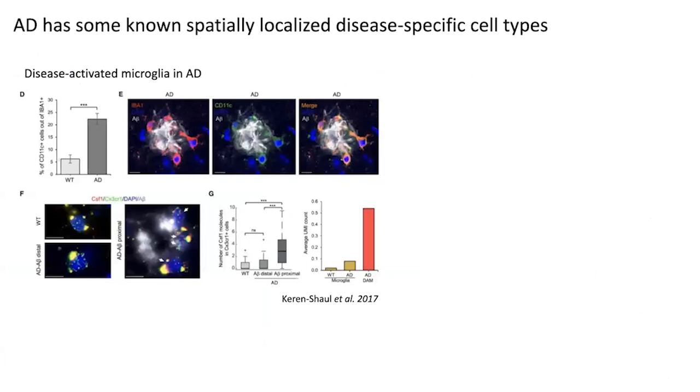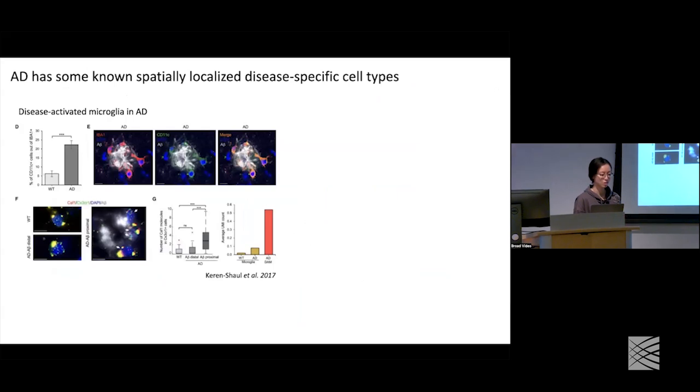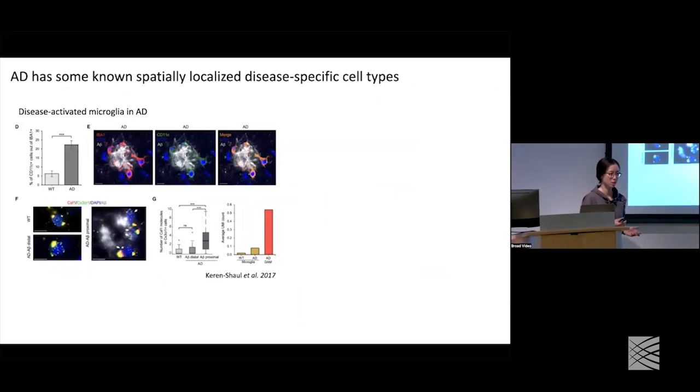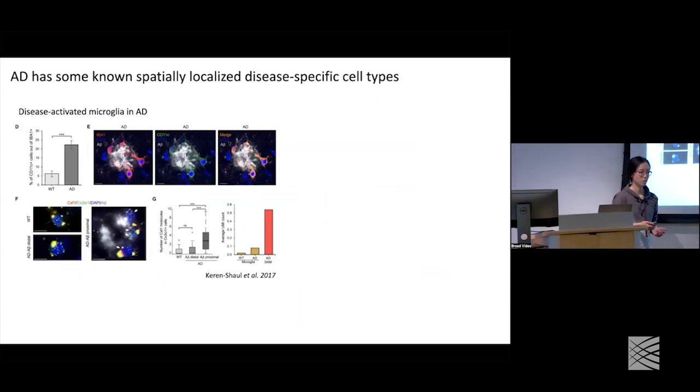It's a particularly interesting model for studying spatial signals because AD has a spatially localized, disease-specific cell type, the disease-activated microglia. When there's a progression of Alzheimer's disease, this disease-activated subtype of microglia aggregates around where the amyloid beta plaque is located. This earlier study was able to identify this spatial signal by measuring only 3 marker genes.